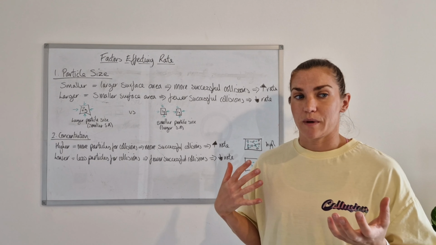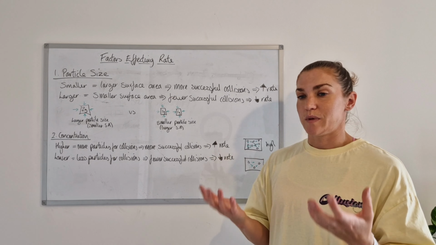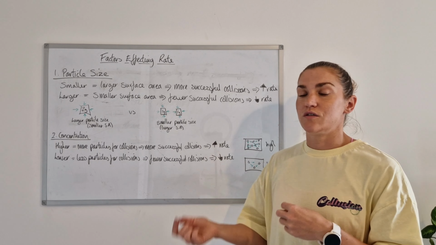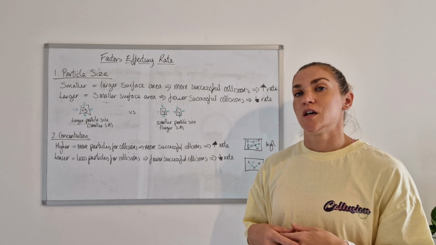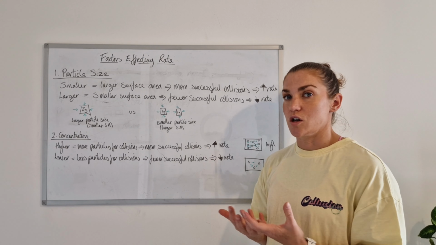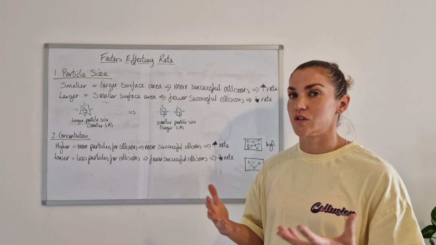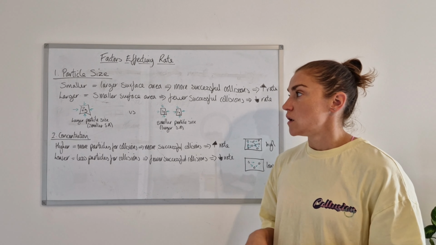The analogy we quite often use is cooking chips. If you had big chunky chips versus small French fries, the French fries would cook faster than the big chunky chips or the wedges because the French fries have a larger exposed surface area. So there are more surfaces available to the heat to cook them quicker.